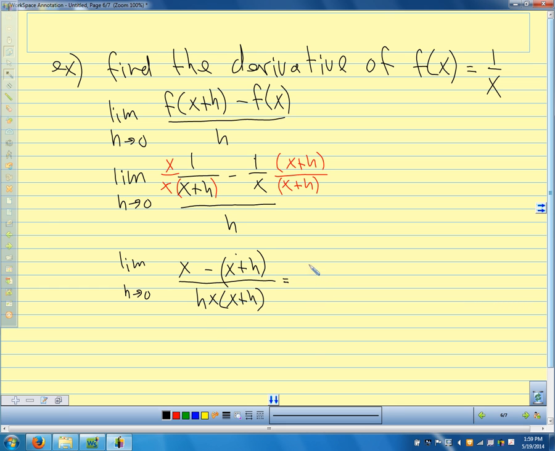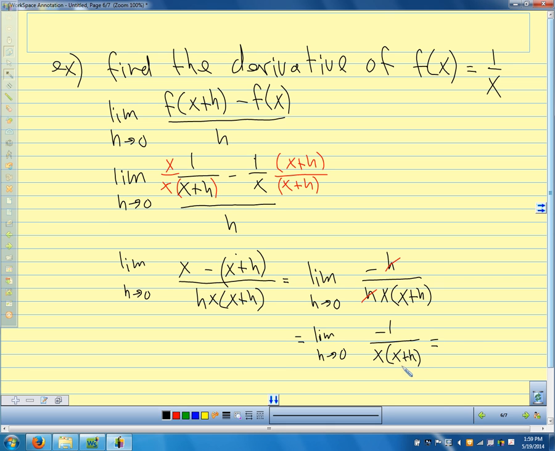Well, this turns out nice. This is the limit as h approaches 0. x minus x is 0, and I get minus h over h times x plus h. And my h's cancel. And I get the limit as h approaches 0. I have a negative 1 left in the numerator, and an x times x plus h.